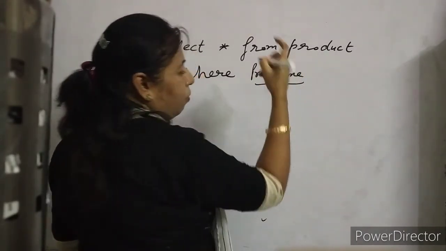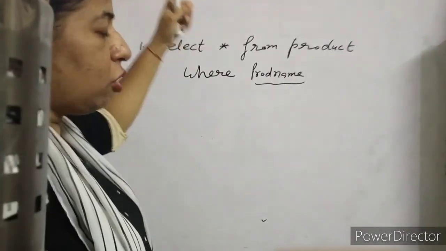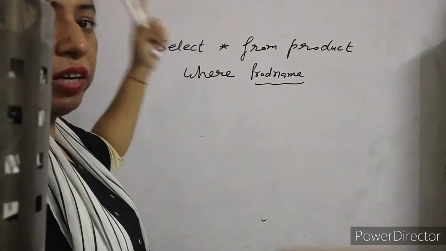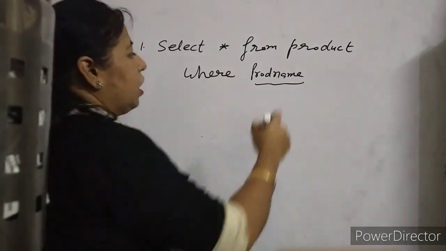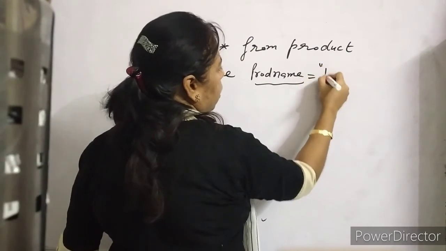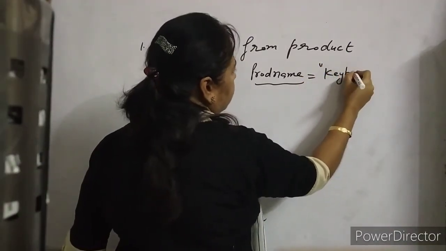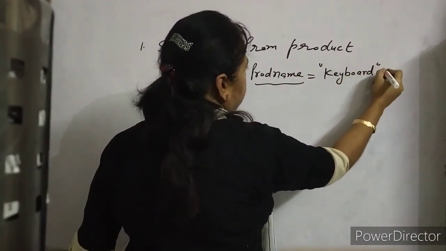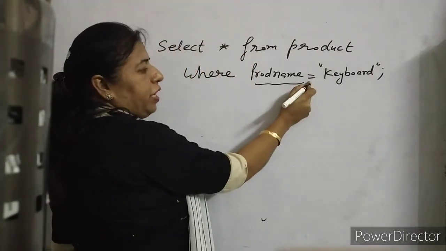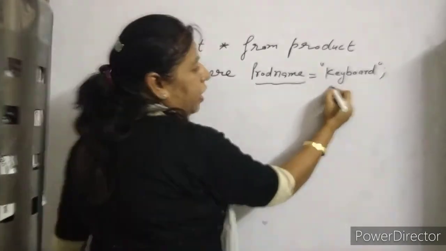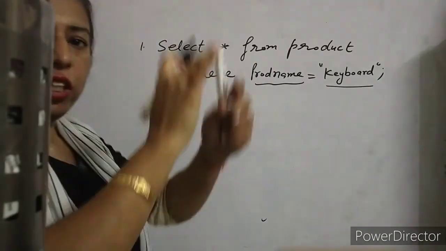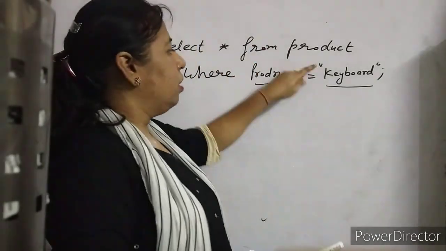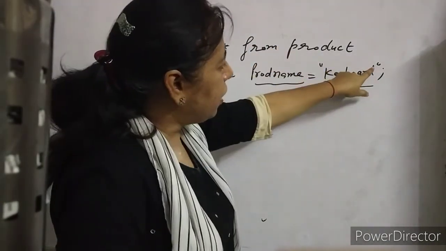That name of the column must match the column name in the table, whatever you have given in the create table. Clear? Equal to keyboard. Now you can see that this is my operator equal to, and here I have used the matching keyword, and here you can see I have put double quotes.